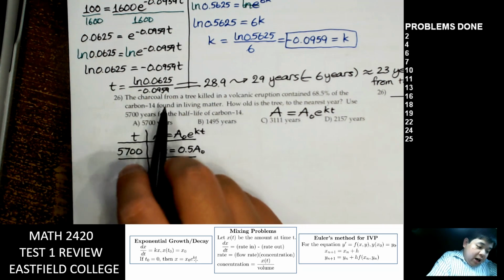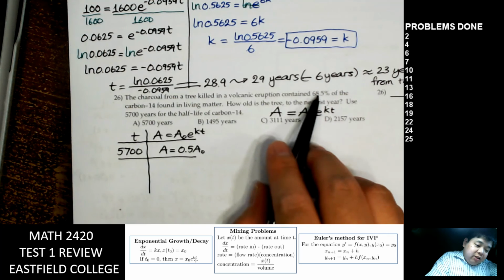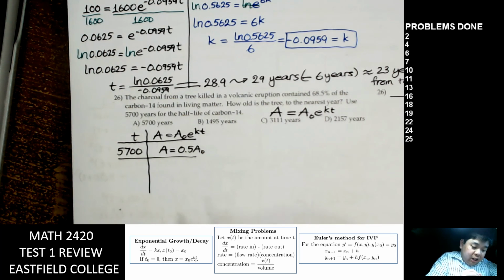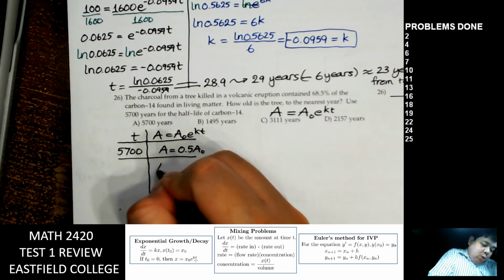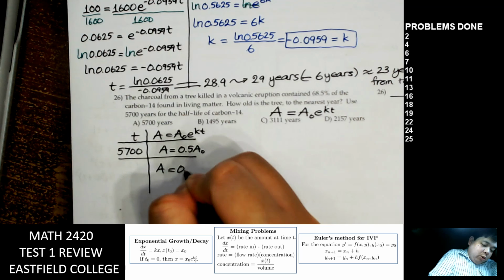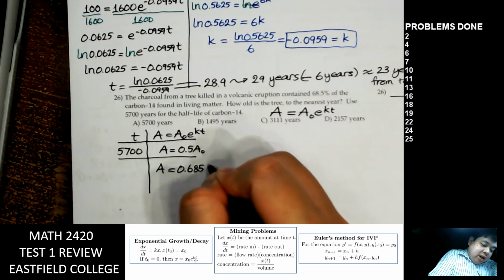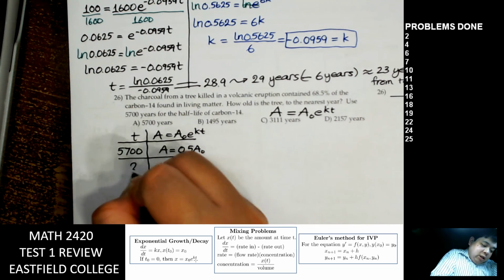Next, if it is found that 68.5% of the carbon-14 is still in the matter, we ask what happened when A equals 0.685, that's 68.5% of a naught. What will be the time?